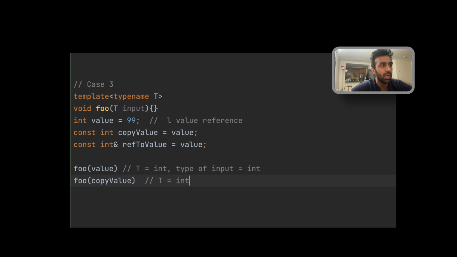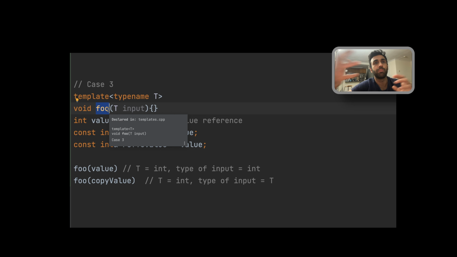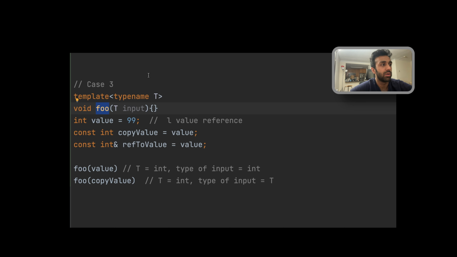So here also T is equal to int and type of input is still T. The reason it drops the const specifier is a little bit confusing, but the best reasoning is that whatever happens in the foo function happens to the copy of the T variable. So const at that point doesn't really matter. So that's why it gets dropped.